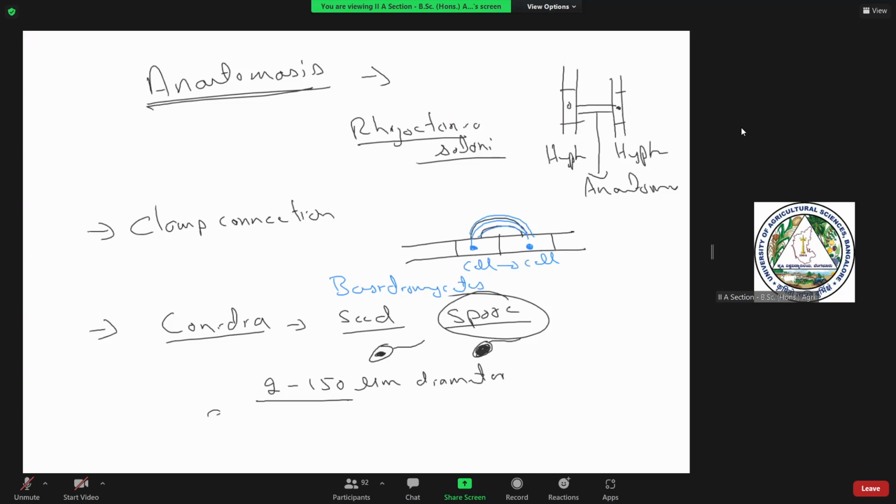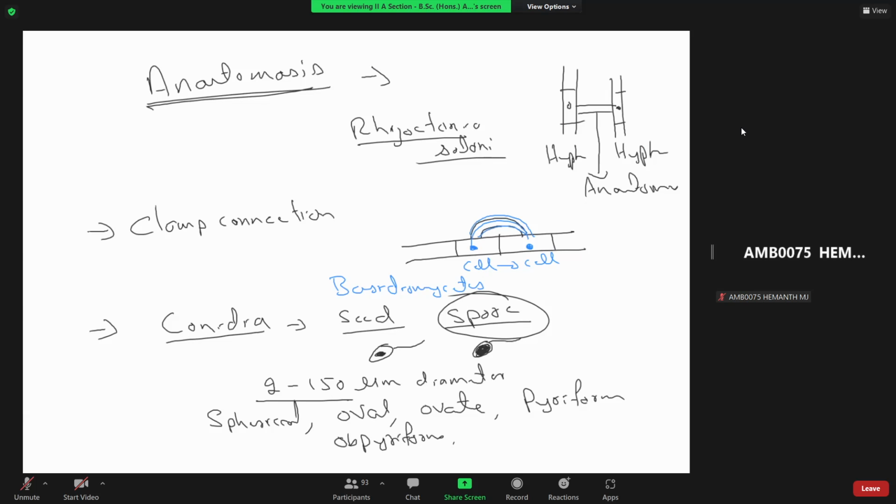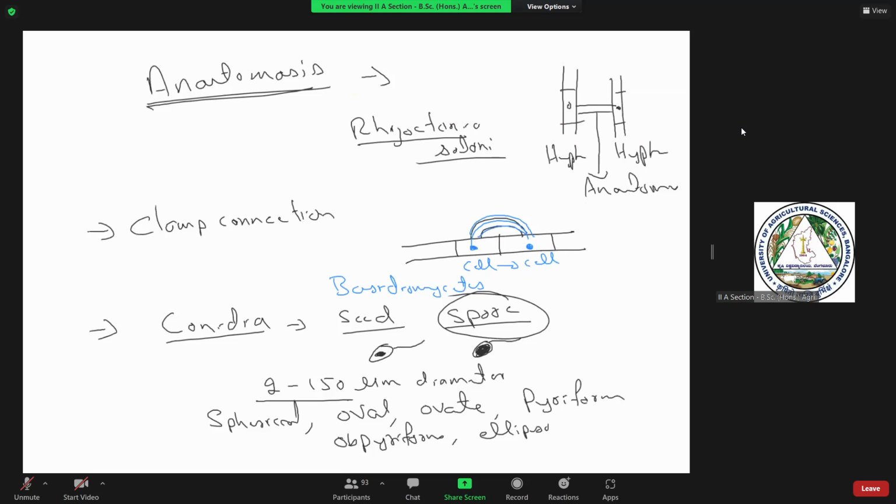They are most often spherical, or oval, or sometimes ovate in shape. Pyriform or obpyriform shapes are also observed. Sometimes they are ellipsoid, some are cylindrical, and some are filiform.